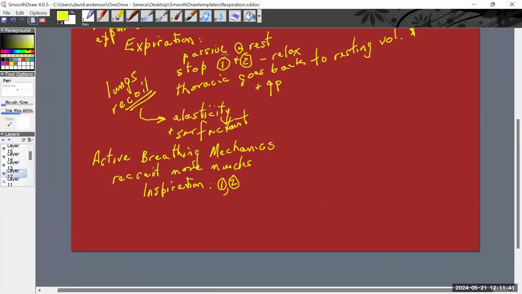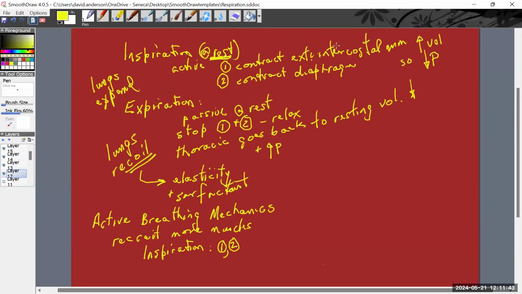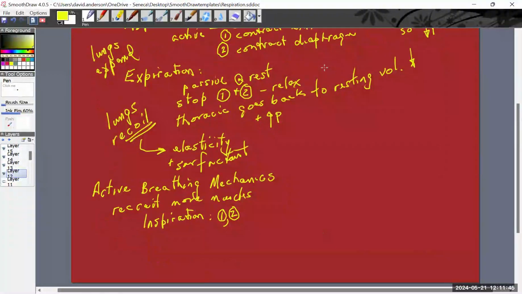Let's say for our purposes here, 1 was contracting the external intercostals, 2 was contracting the diaphragm, and additional muscles to increase the thoracic cavity volume.